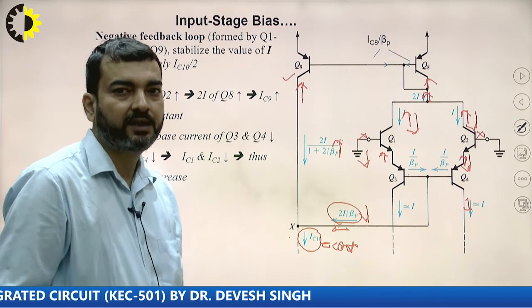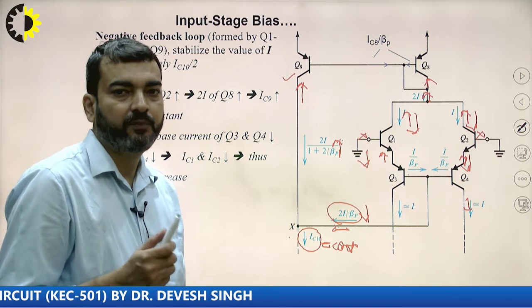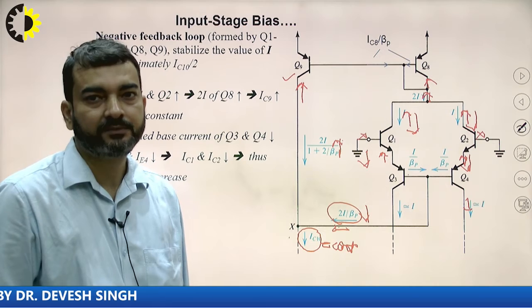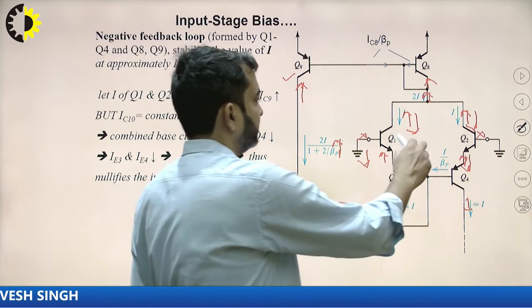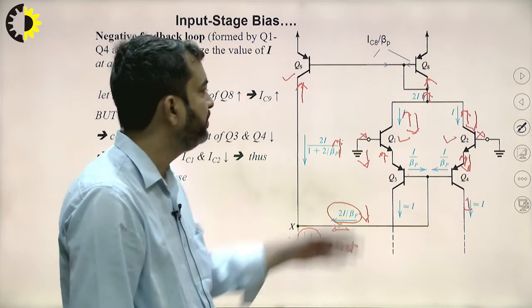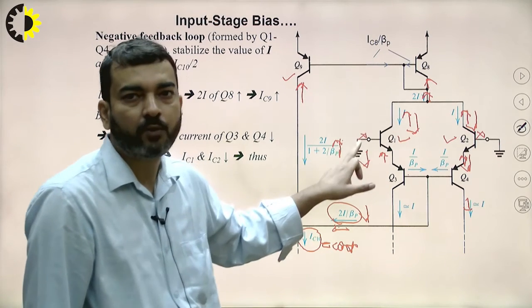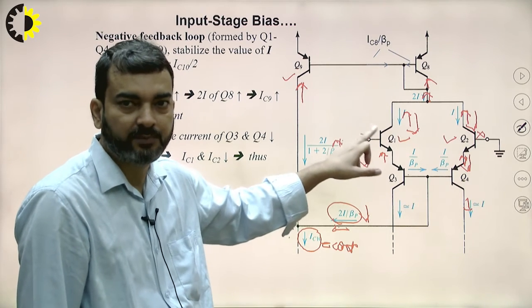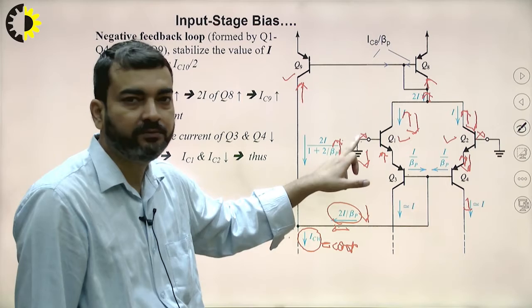But in practical cases, even in case of high beta, there will be some base current. If both transistors Q1 and Q2 are matched, their base currents will be equal, and this will be I upon beta n, NPN transistor.